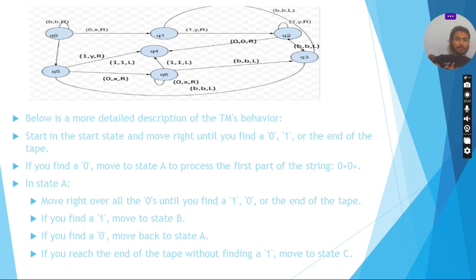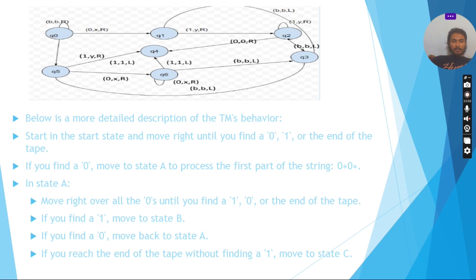This is one of the examples which we use to create the steps. You can understand it from the description also. Below is a more detailed description of the TM's behavior. You can read it as much as you want, it is all yours now. You can take a screenshot from here.